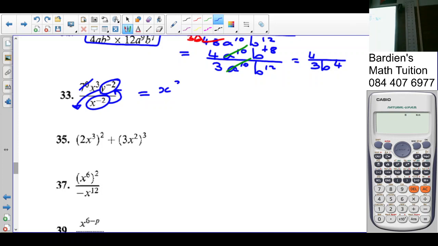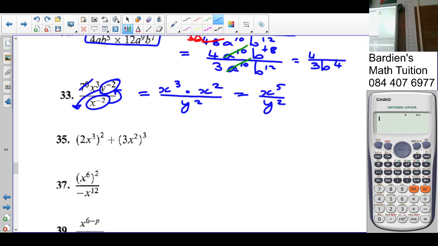Or we're going to do what I'm going to do here: 3 x cubed times x squared over y squared. You all agree with that? Remember, if the exponent is negative in the numerator, it will be positive in the denominator and vice versa. What is x cubed times x squared? x5 over y squared. Any confusion? No?